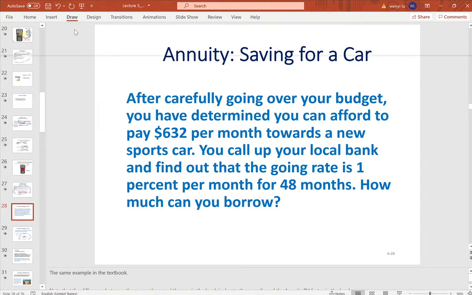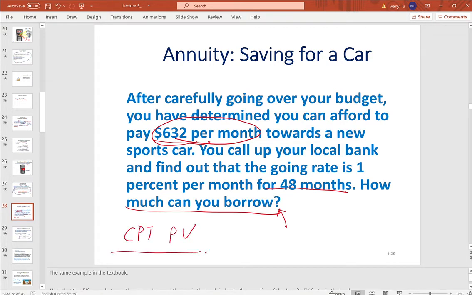You will borrow the money now to buy this car and pay the money back in the future monthly, by 48 months. What you borrowed is something that happened earlier, so that's something you need to solve. What does the value here represent?